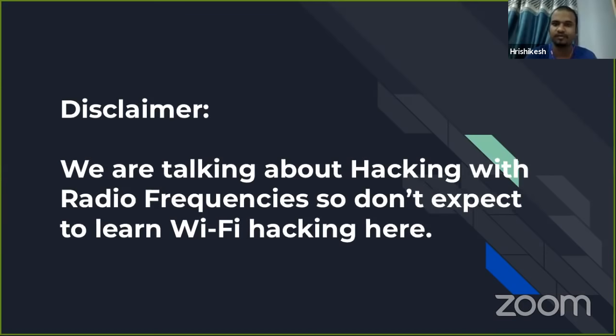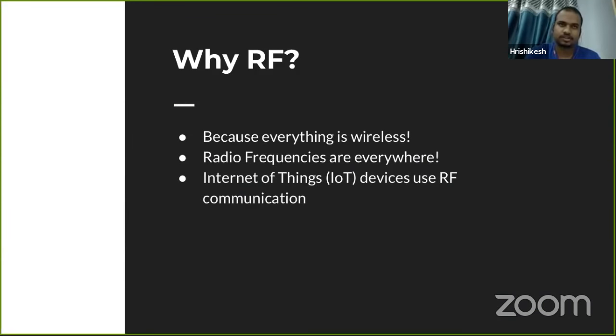So this is the question most of the people might be thinking: why do I care about wireless? Because wireless is everywhere. Everything is wireless, guys. You are living in the world of Internet of Things now, straight from your car to your home, all of the smart devices, from refrigerators, calculators, to Alexa.